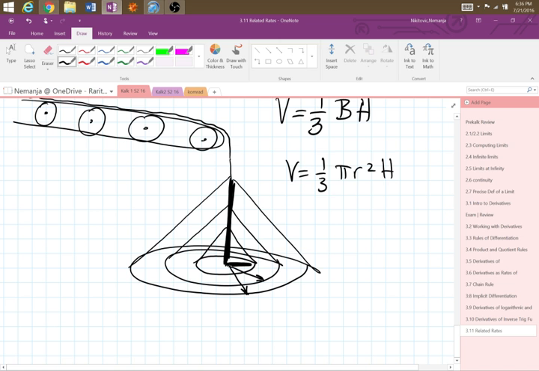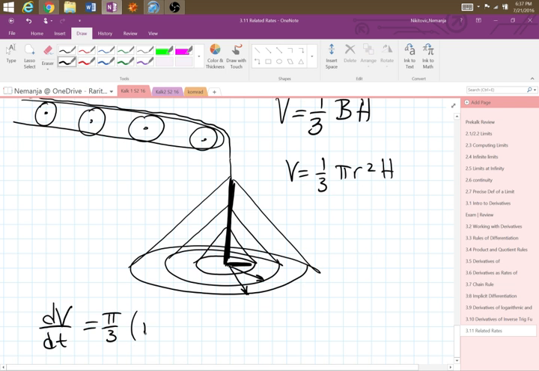That means that when we take our dV/dt now, we have a product rule on our hands because they're all variables now. So I have pi over 3, that's constant, and then I have to take the product rule for the rest.